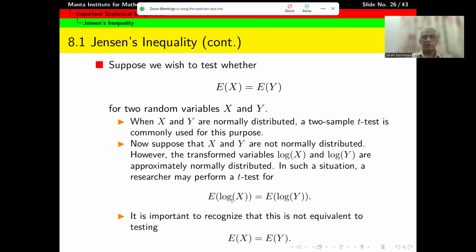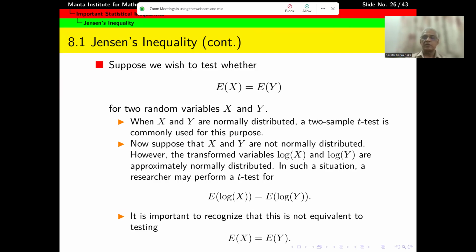Even if expected value of log of x is equal to expected value of log of y, that doesn't directly imply that expected value of x is equal to expected value of y, because you saw that expected value of log of x is not equal to expected value of x, right? Expected value of log of x is less than or equal to expected value of x, you saw in the previous example. And similarly, this quantity is less than or equal to expected value of y. So therefore, this equality doesn't imply that equality. So that is an important thing to remember.